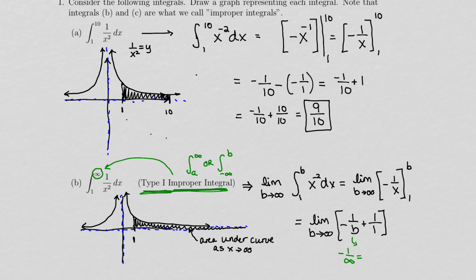That limit. 0, absolutely. So this is where Calc 1 comes into play, right? Remembering what a limit is and how to evaluate this. So we get the limit as b goes to infinity of -1 over b is 0. That means we have 0 plus 1, and what is 0 plus 1? That's just 1.